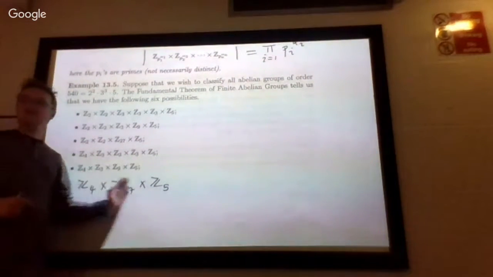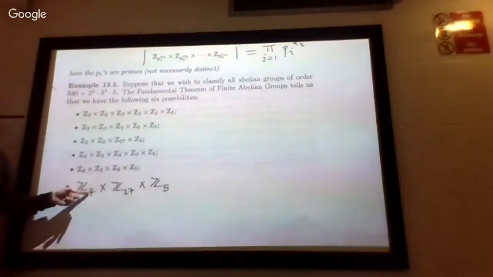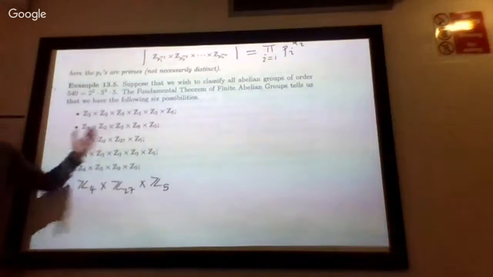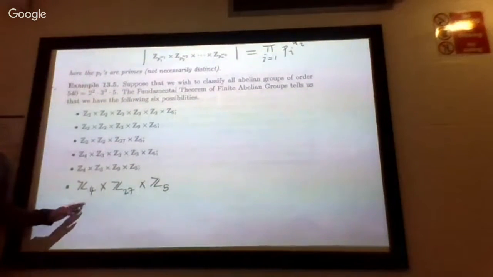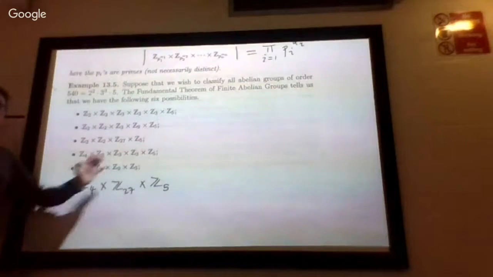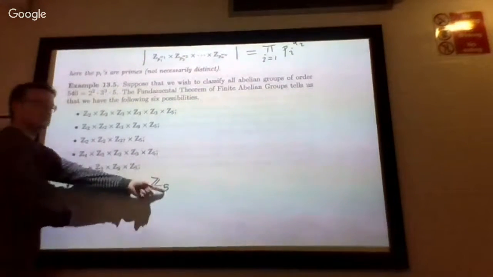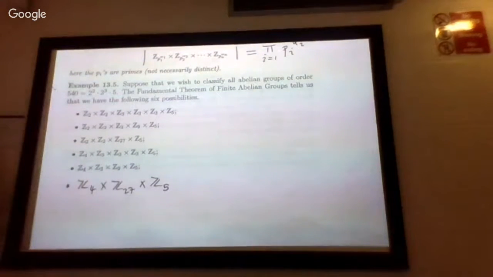The elements in it are different. The vectors in it will be different. The first components of this one have something from Z4 in the first position, whereas the first components in the other one would have something from Z5. But while they're different groups, they would be isomorphic. It's just the mapping from one to the other that swaps those components of the vector, that would be an isomorphism.